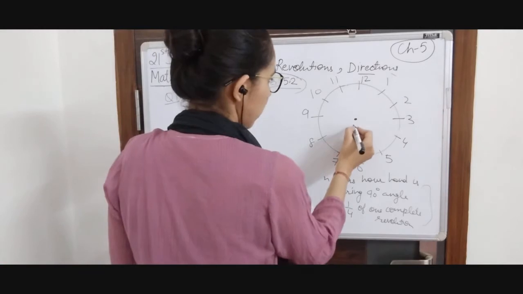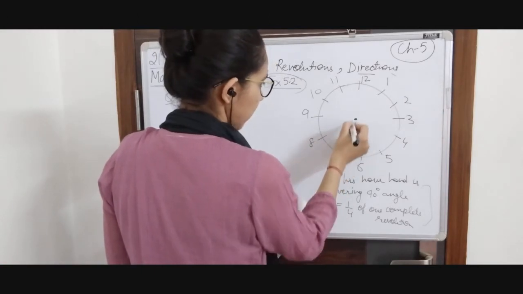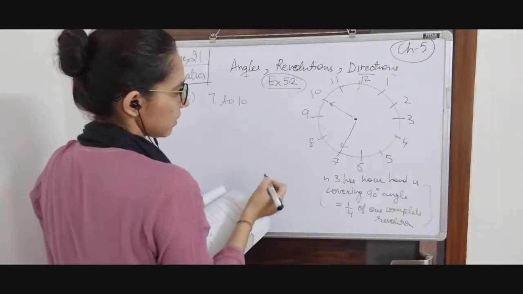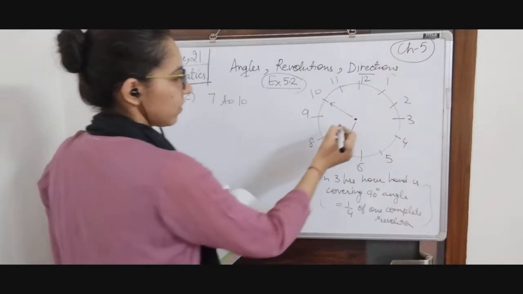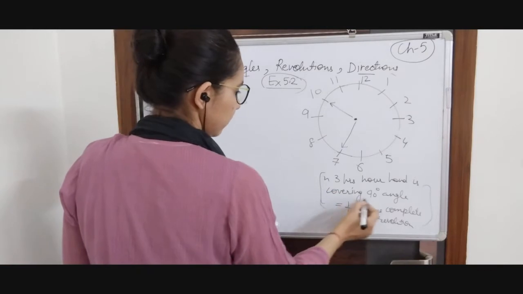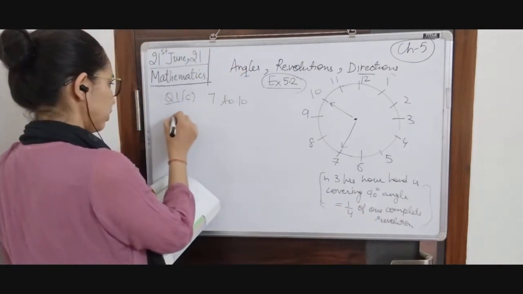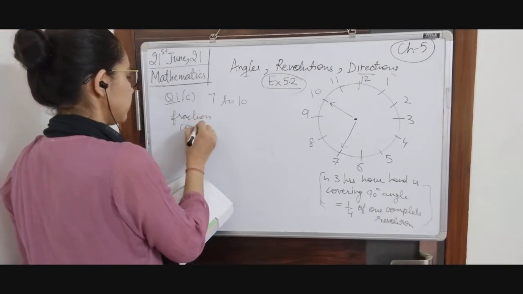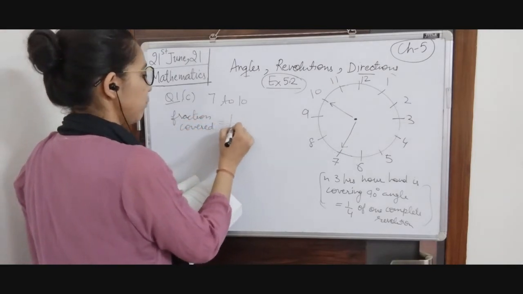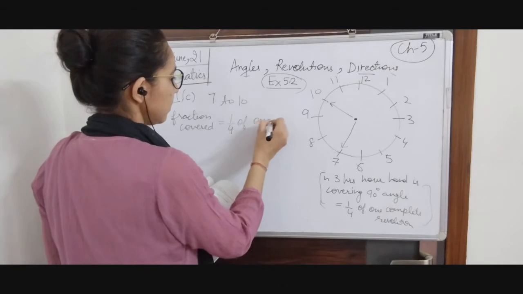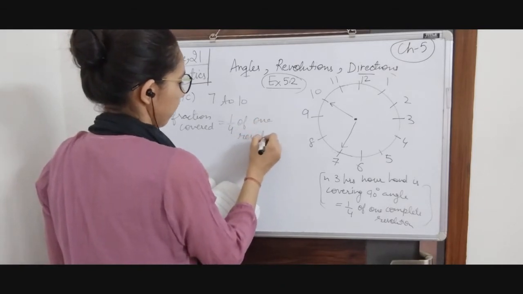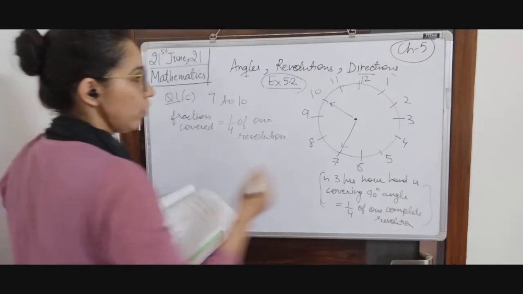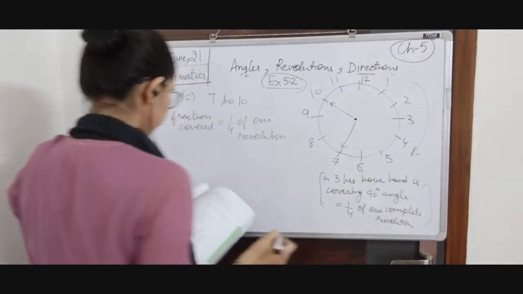So we are starting from here and we are ending here. So how many hours did it cover? 3 hours, means one right angle which is 90 degree, 1 by 4 of revolution. So fraction covered is 1 by 4 of 1 revolution. We are talking about clockwise revolution only, okay?